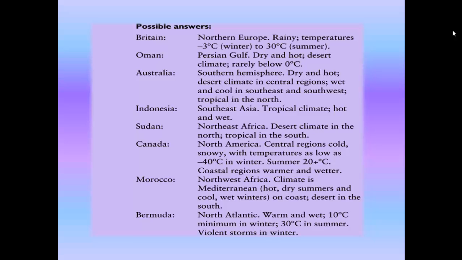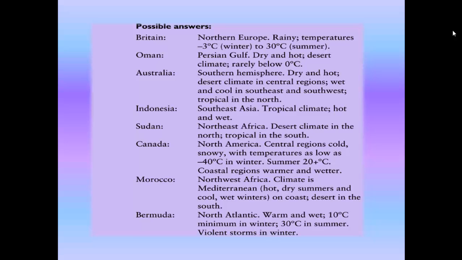In the central regions, the weather is snowy, with temperatures as low as -40 degrees Celsius in winter, whereas in summer the temperatures reach +20 degrees Celsius. The coastal regions are warmer and wetter.